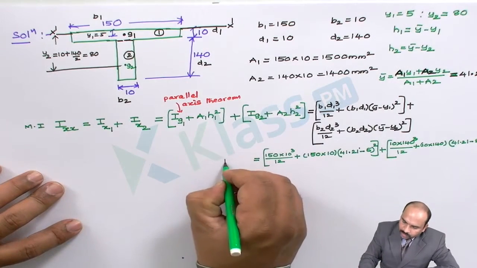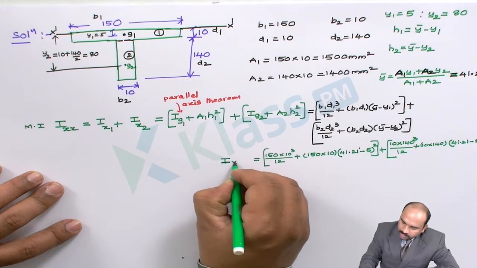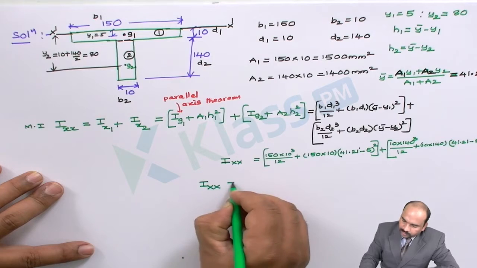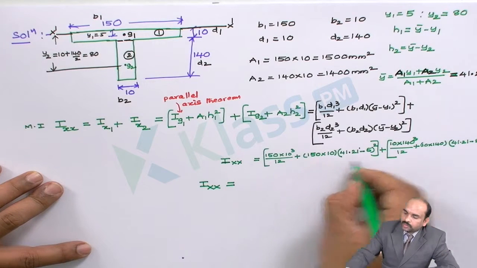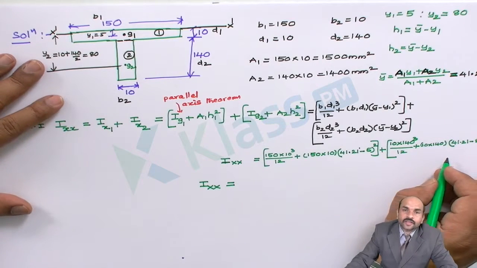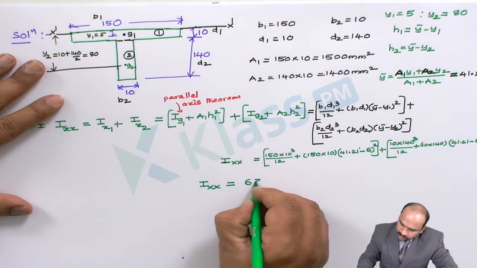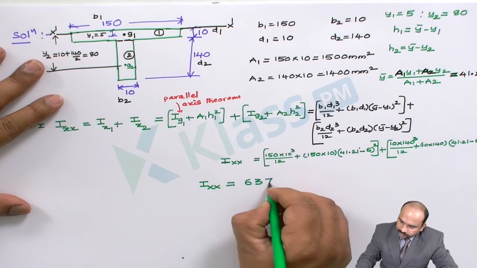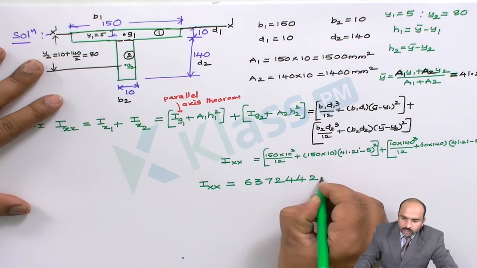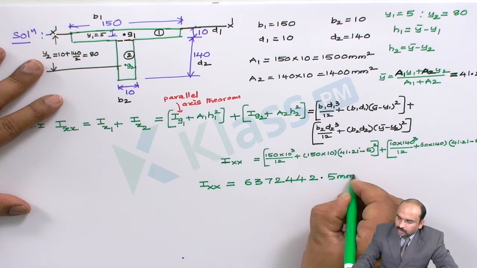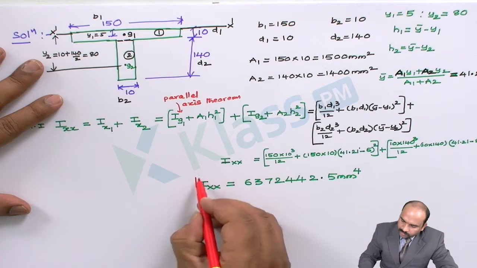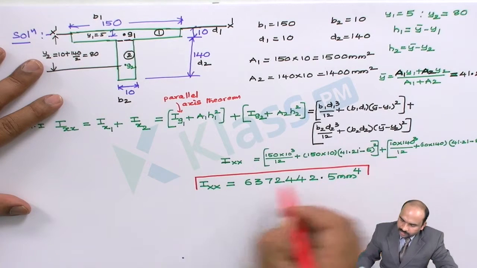So this is the moment of inertia about the x-axis. By calculating all the values, we get Ixx as 637244.25 mm to the power of 4. So this is the moment of inertia about the x-axis.